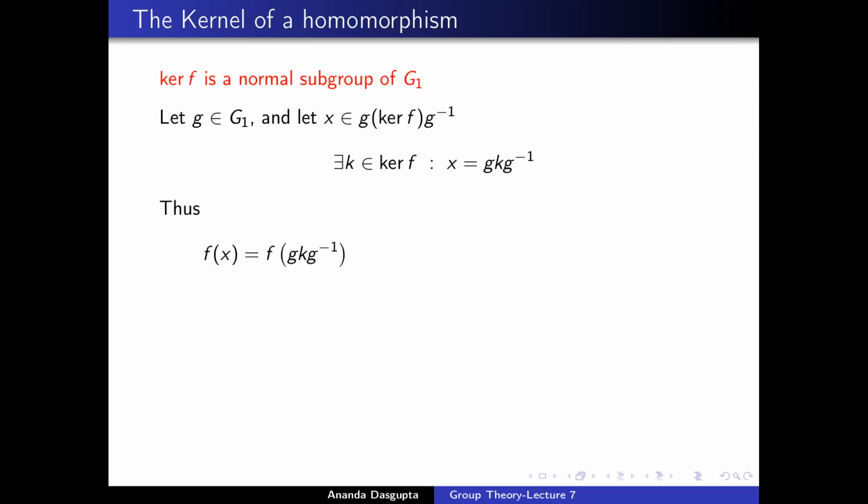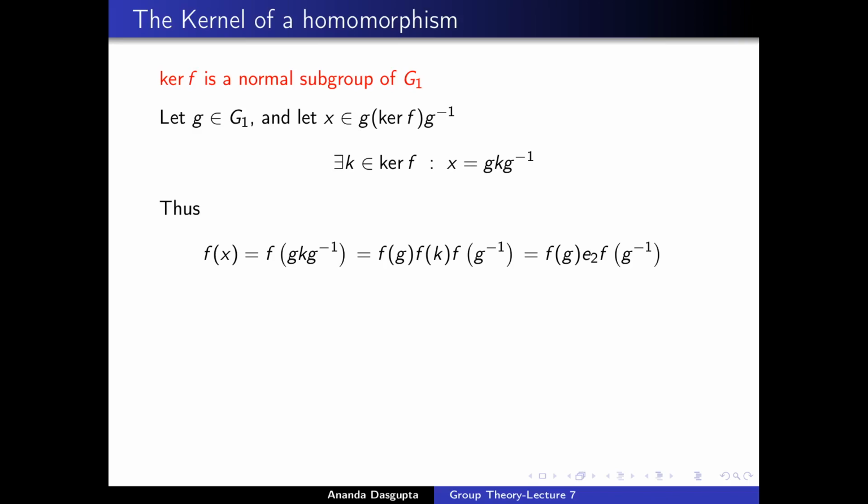In other words, what is f of x? f of x is obviously f of g k g inverse, and because f is a homomorphism, is the same as f of g, f of k, f of g inverse, just using the basic property that a homomorphism respects group multiplication. But now f of k is the identity in the second group, e2. So what this translates to is f of g, e2, f of g inverse.